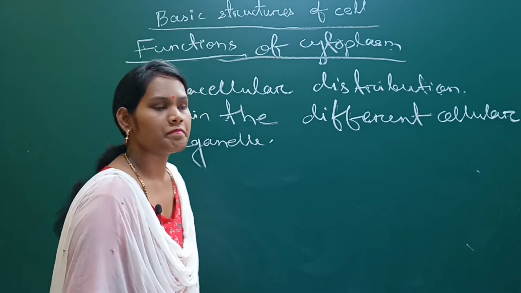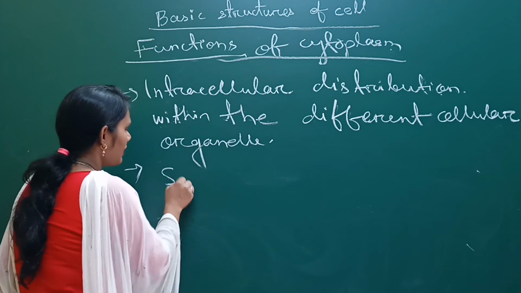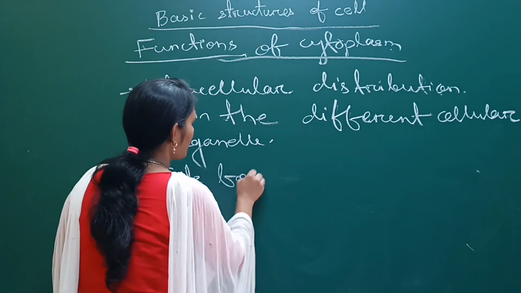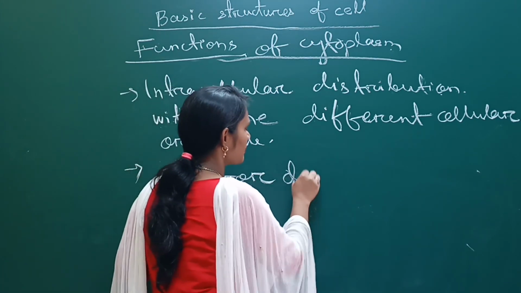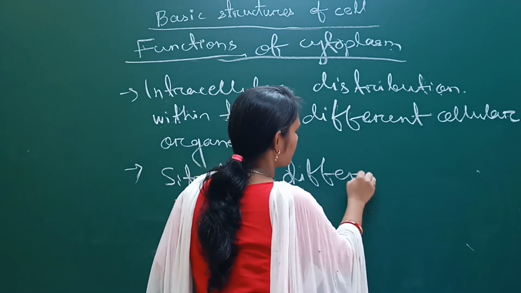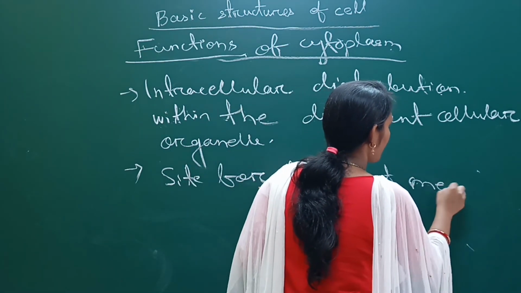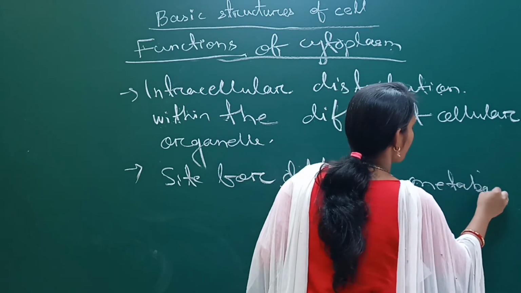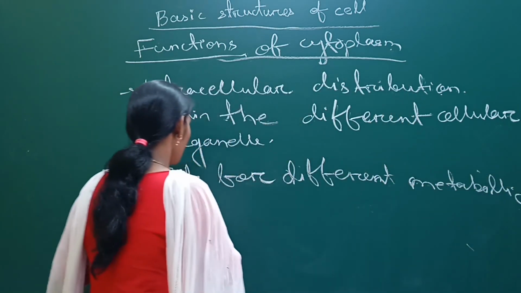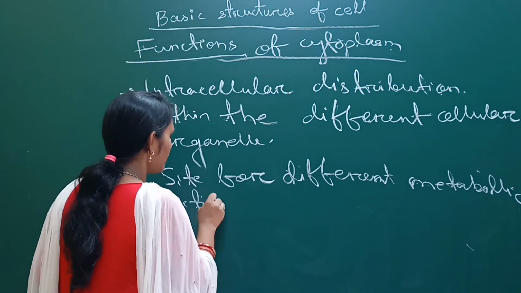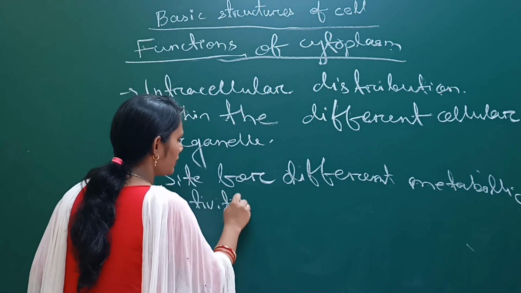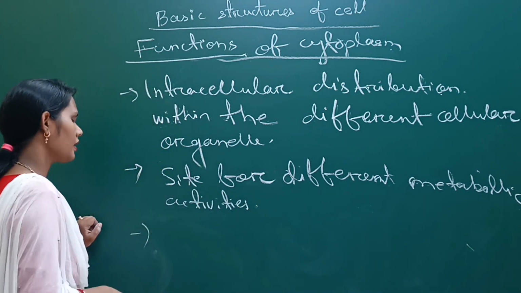Cytoplasm is the main site for different metabolic activities, like glycolysis. So it is the site for different metabolic activities of the cell.